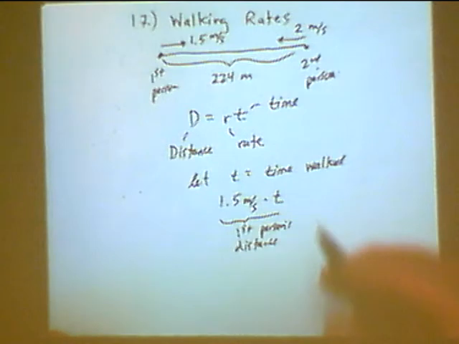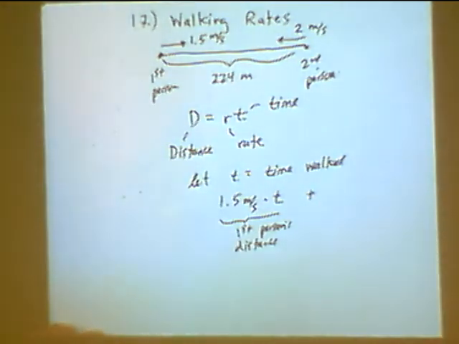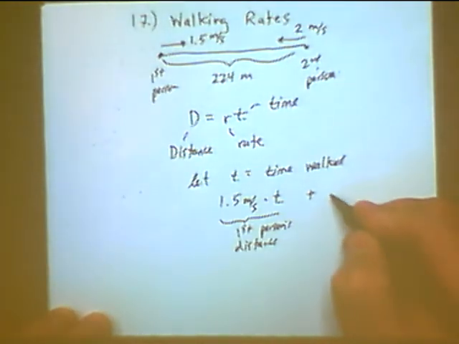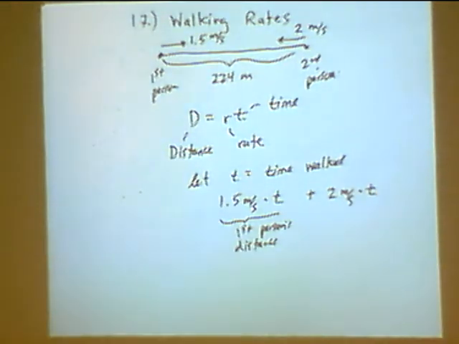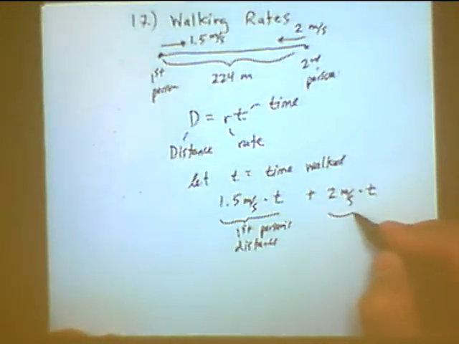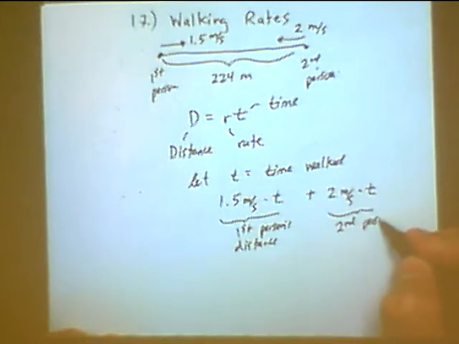And now I'm going to add to that the distance that the second person walked. Well, the rate of the second person was 2 meters per second. How long did the second person walk? The second person also walked T until they bumped into the other person. So this right here is the second person's distance walked.